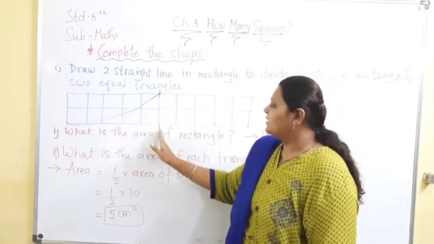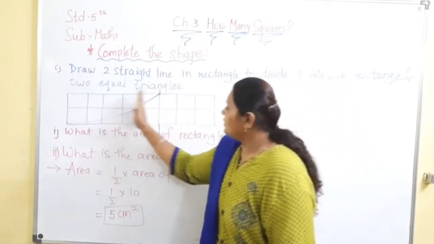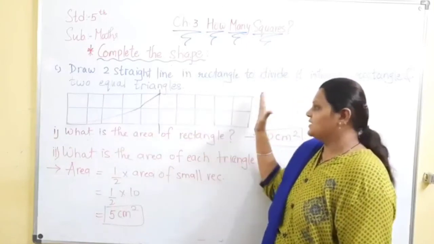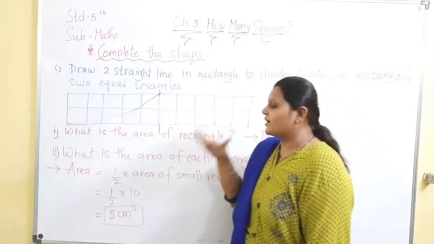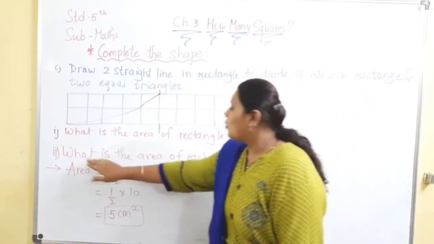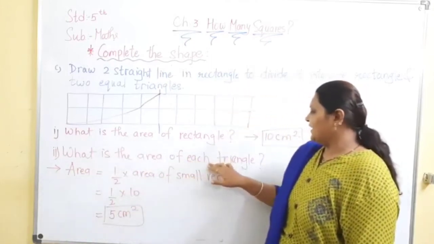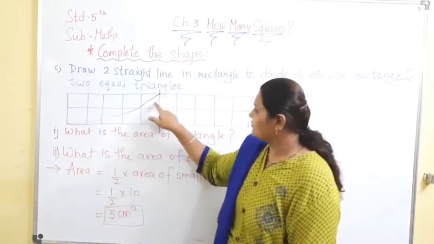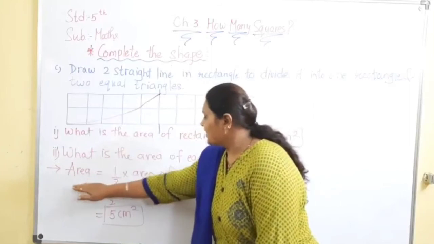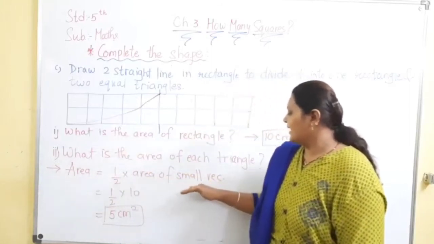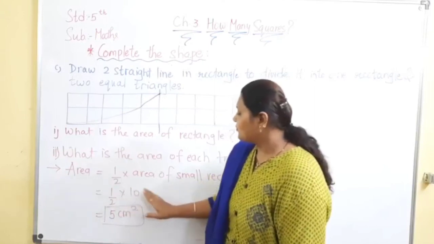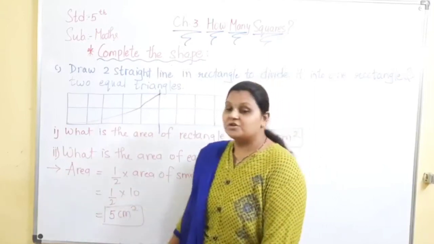Now if I draw a middle line into this, one part is having 10 centimeter square and the other part is having 10 centimeter square. So answer will be 10 centimeter square. What is the area of each triangle? Now we have to find the area of each triangle. So area equals half multiply area of small rectangle. So half of 10 is 5 centimeter square.